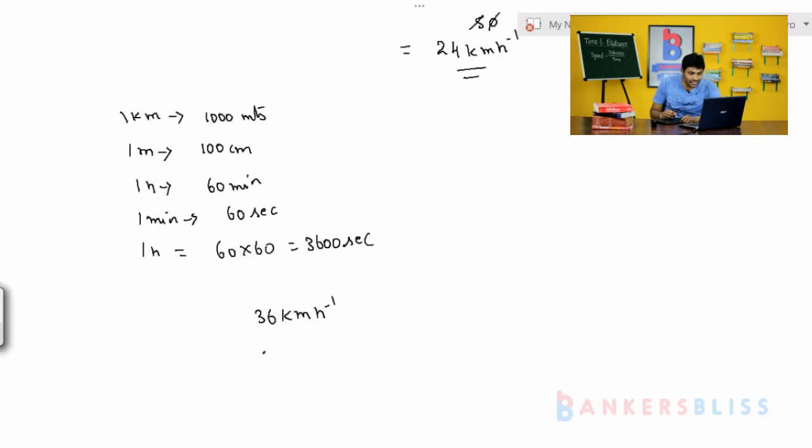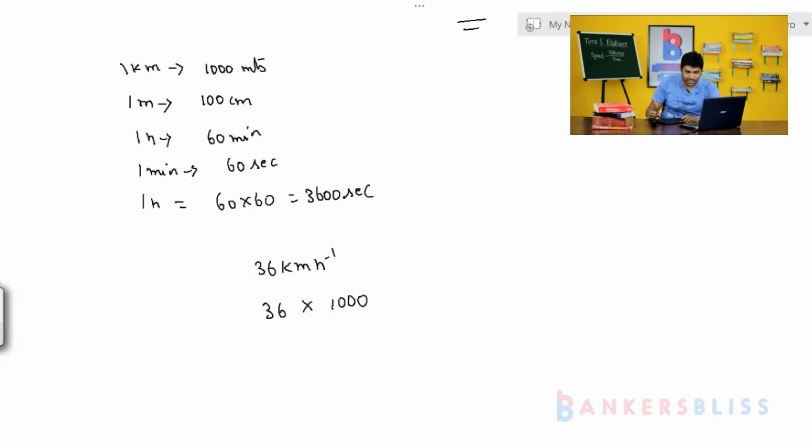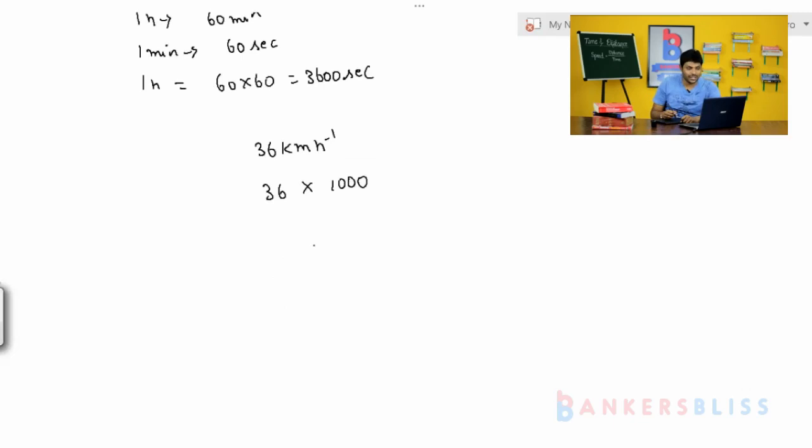See here, 36 kilometers means how many meters? Into 1000, because 1 kilometer is equal to 1000 meters. So, 36 kilometer means 36 into 1000. Next, how many seconds? This is for 1 hour. Per minute means divide by 60, per second means again 60.